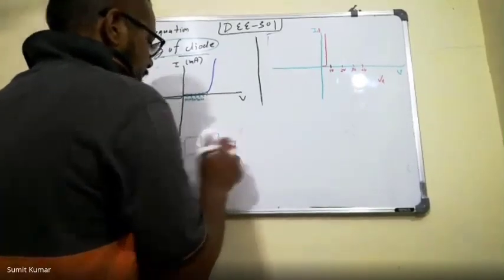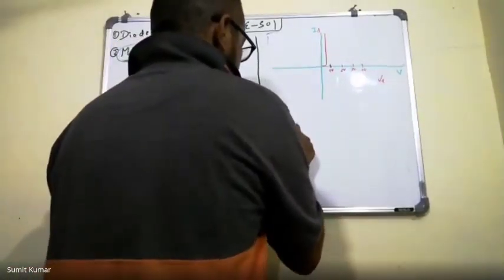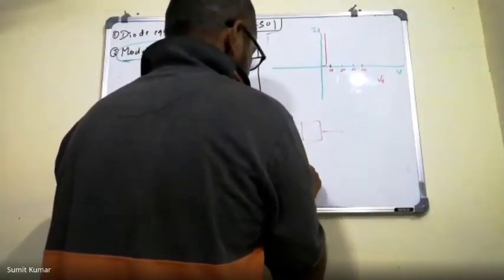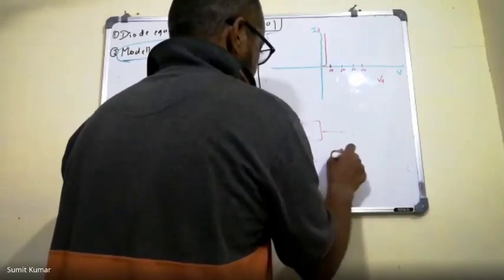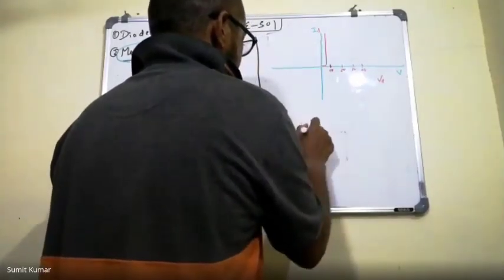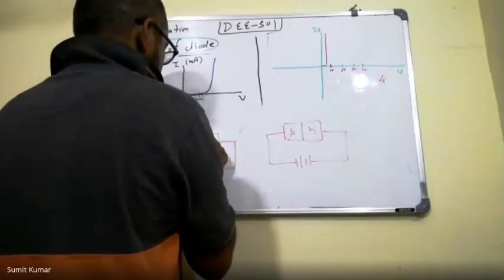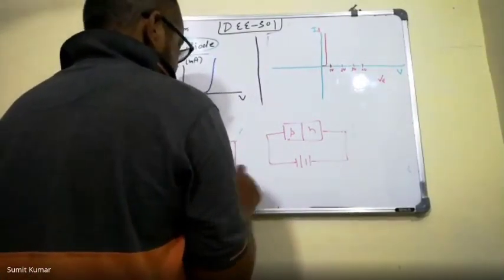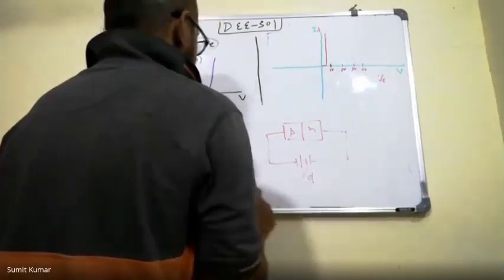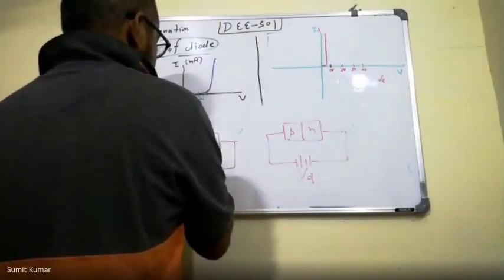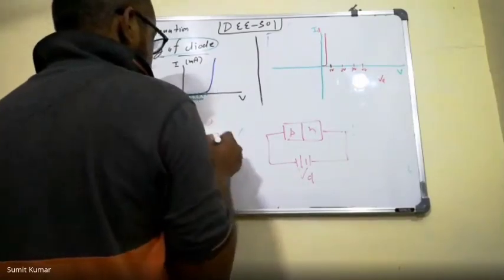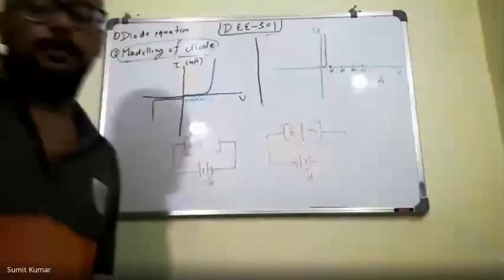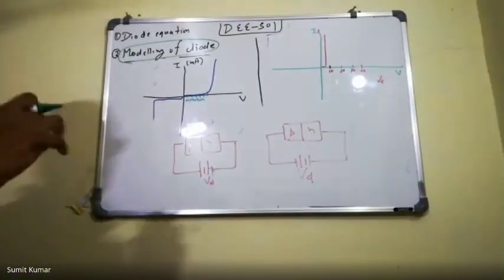These conclusions are from the previous lecture. So these are the conclusions related to the PN junction diode.